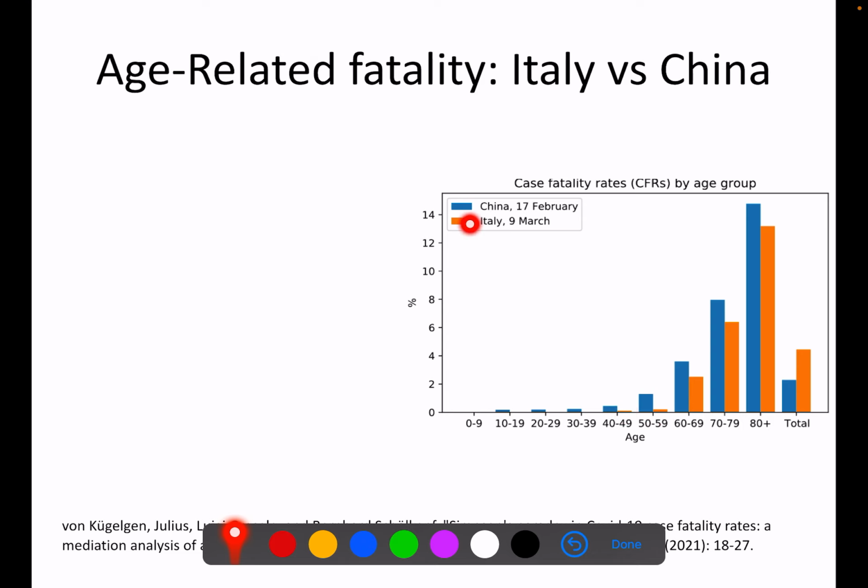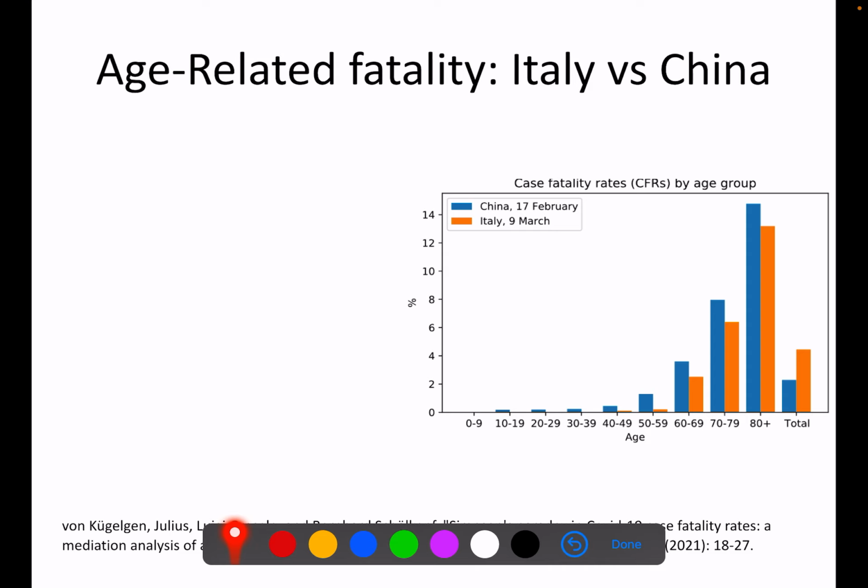The orange color shows Italy, and the blue color shows China. So we see that in Italy, a lower percentage of people die from COVID compared to China in all age groups, above 80, between 70 to 80, and so forth. So Italy has a lower case fatality rate for all age groups.